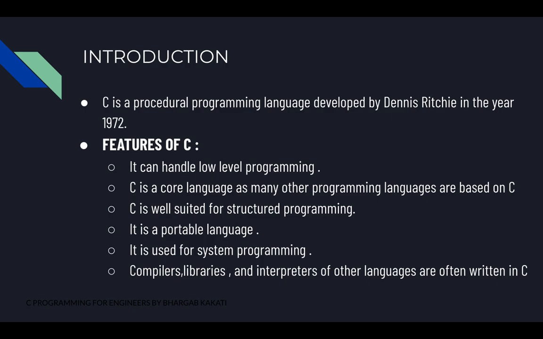Next feature is that compilers, libraries and interpreters of other languages are often written in C. Compilers, interpreters, assemblers, these are some translators which help in translating from one form of language to the machine language. And these translators are also most often written in the C programming language.